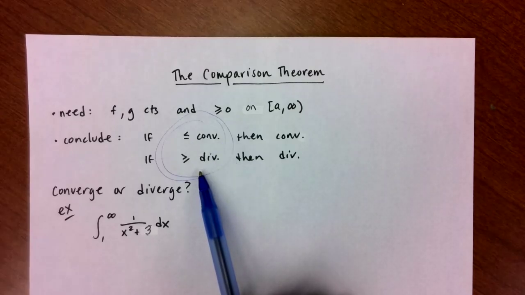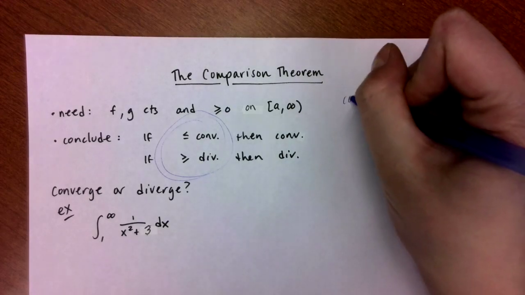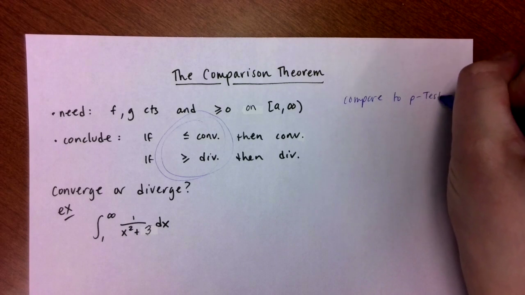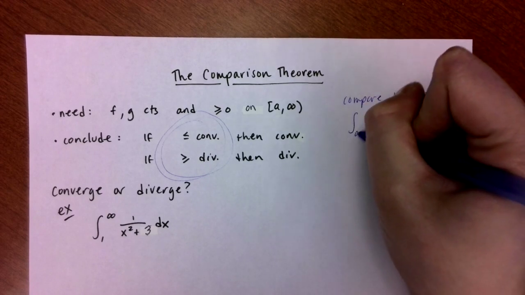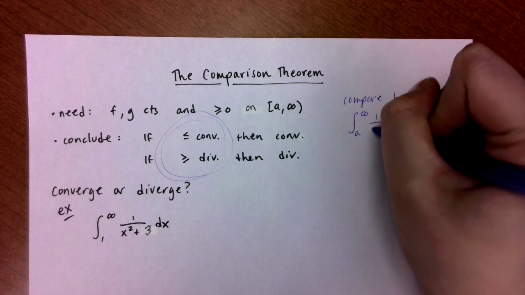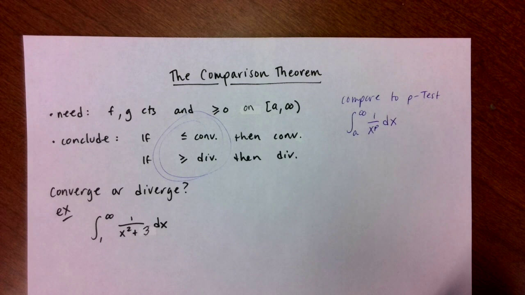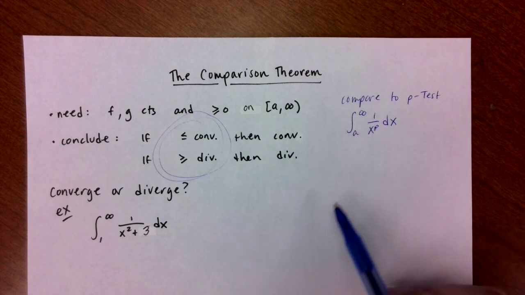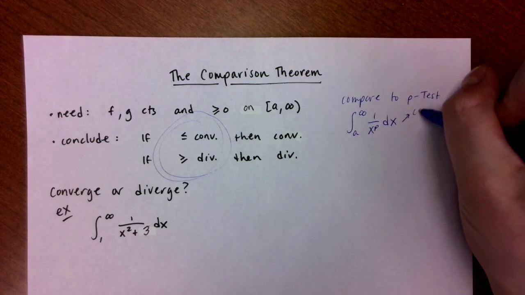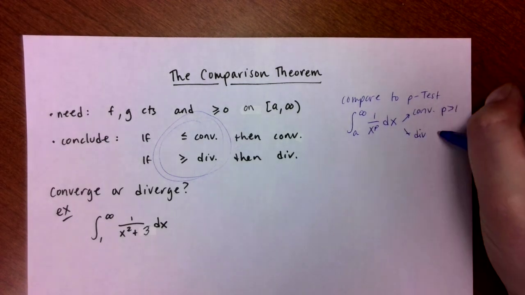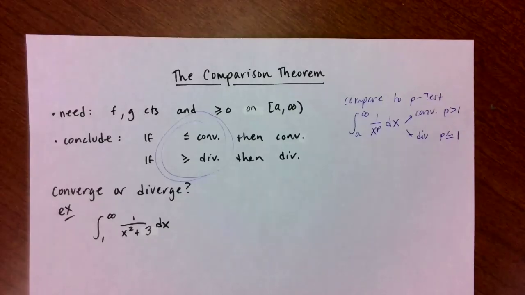For the most part, we are using functions from the p-test, which are the integral from a to infinity of 1 over x to the p dx. This is the first part of the p-test for the infinity case, and the rules there are that it converges if p is greater than 1, diverges for p less than or equal to 1.